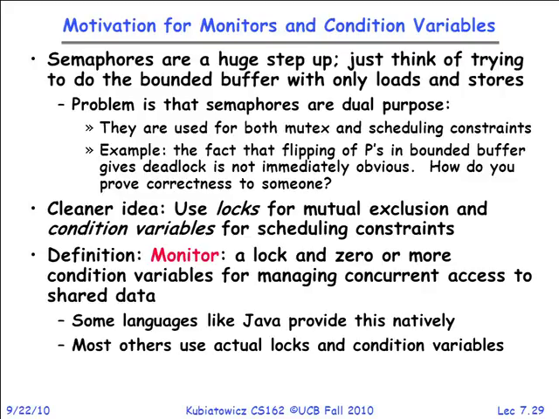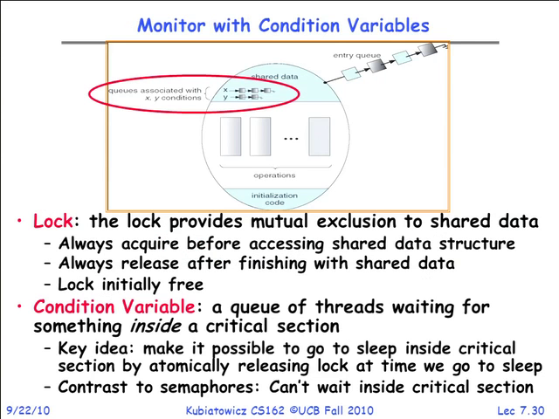Now, we're not going to talk a lot about this right now because we're almost done, but in contrast to a semaphore, remember in a semaphore you can never go to sleep while you're holding a lock. That was exactly the deadlock we got by swapping the two P's. Condition variables, that's exactly what you do with them. You grab the lock, you check some condition.